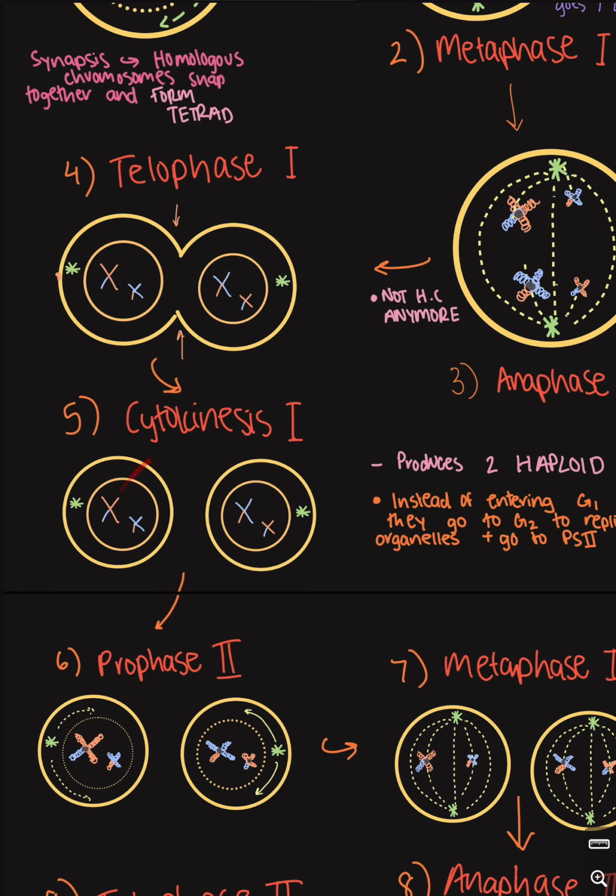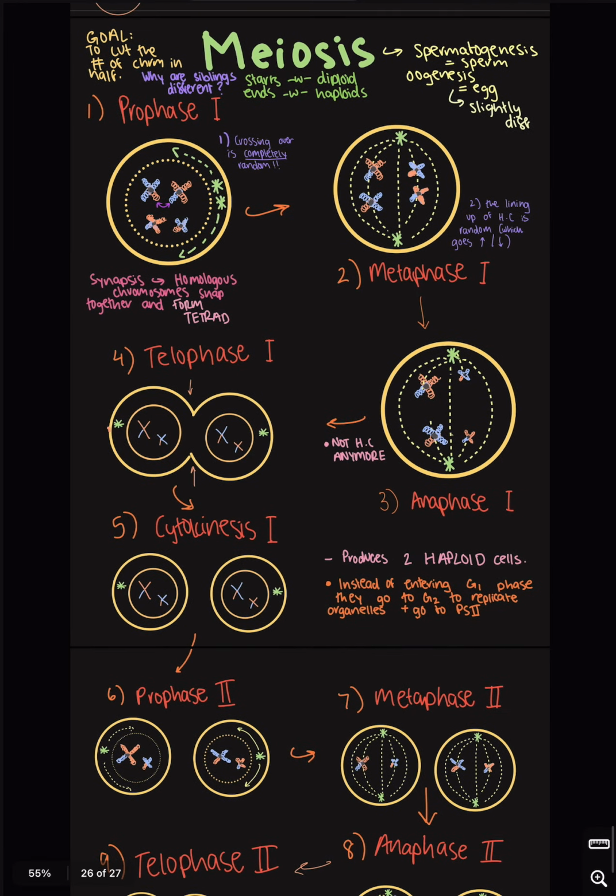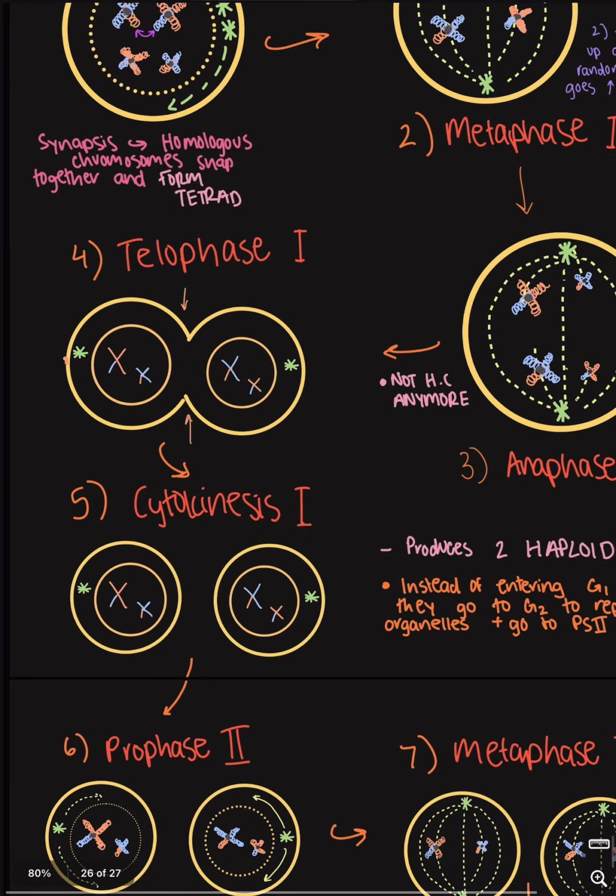But remember that this one and this one were separated. These were once homologous, but then they were separated. So this is why the product of cytokinesis 1 is the formation of 2 haploid cells, okay?